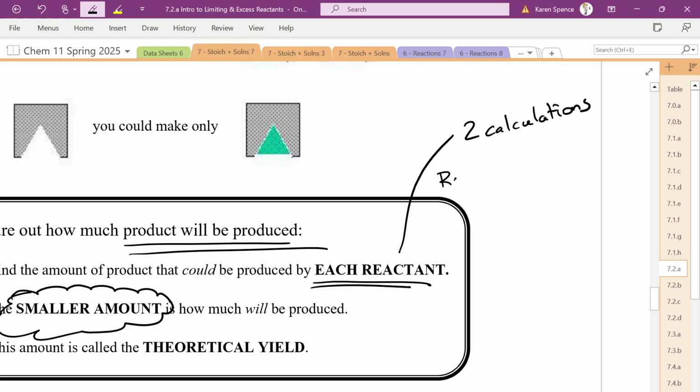You're going to go from reactant A to product, and you're going to go from reactant B to product. And when I say product, I'm talking moles, okay?